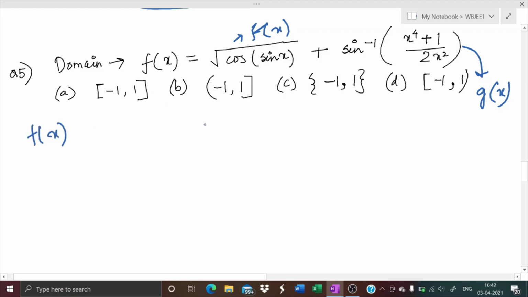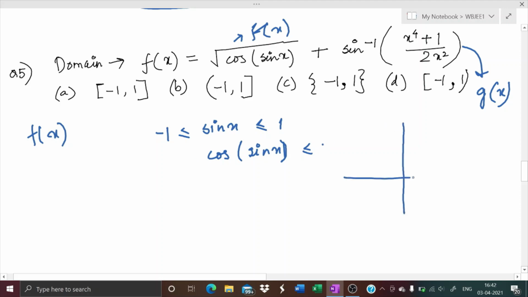Now the range of sin x: sin x lies between 1 and -1. Now if I take cos, and cos is a decreasing function, so the sign will again be reversed. Now for this you need to understand the graph. See, this is the graph of cos x from -π/2 to π/2.